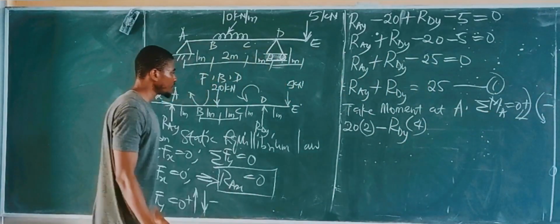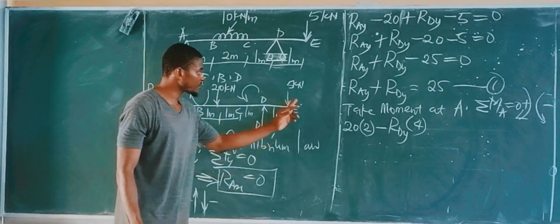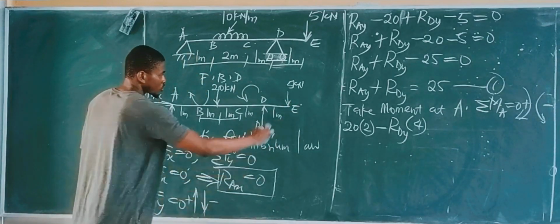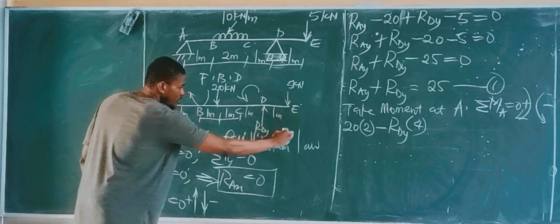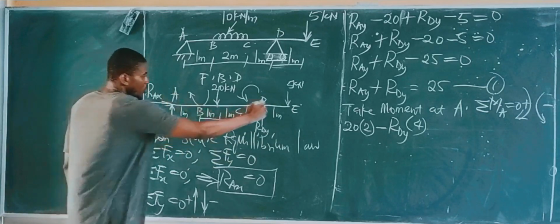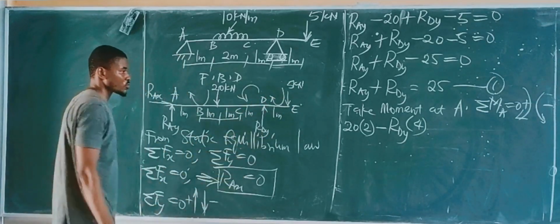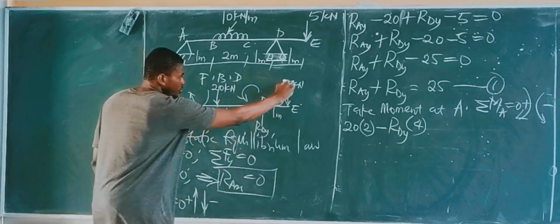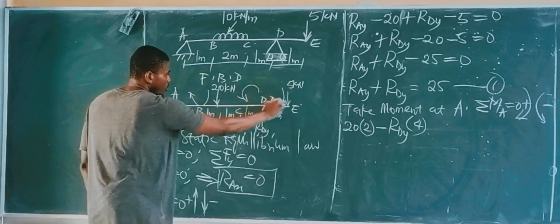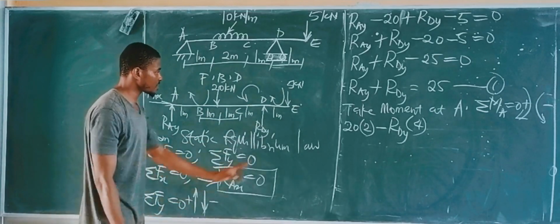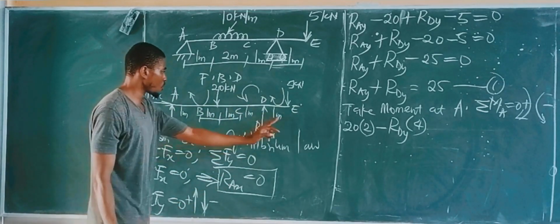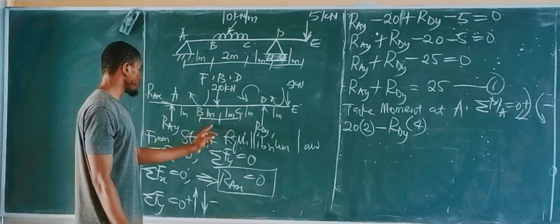So it's negative. And then finally we have the 5 kN force. This force is also acting downward, so it goes all the way from this place down to point A, in this direction, which is clockwise, so it's positive. The distance it takes this force to get to point A is simply 1 plus 1 plus 1 plus 1, 4, 5 meters.